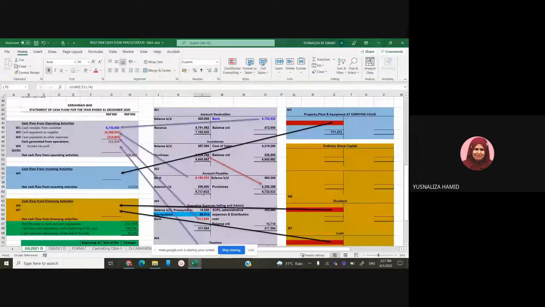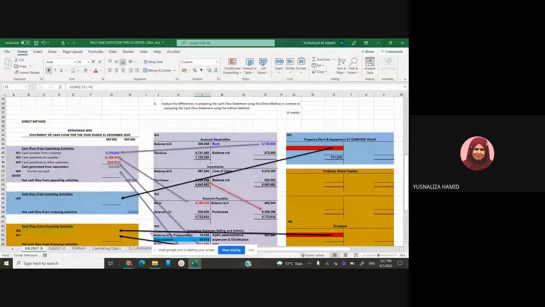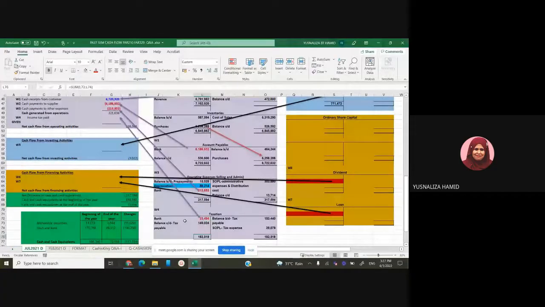Sometimes you may be given the information on tax paid directly here in the additional information. Just make use of it. No calculation is needed for you to set up the T account whatsoever. So you just do it whenever it is relevant, right? Okay, so that was tax paid.